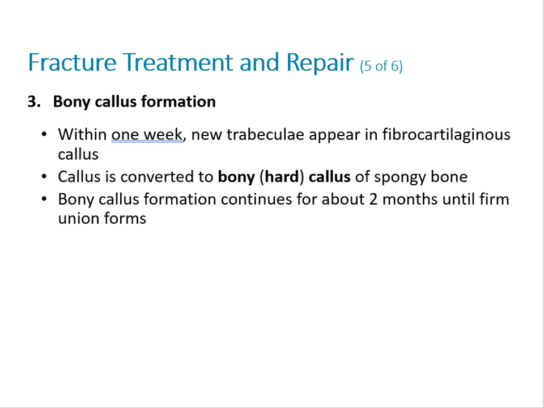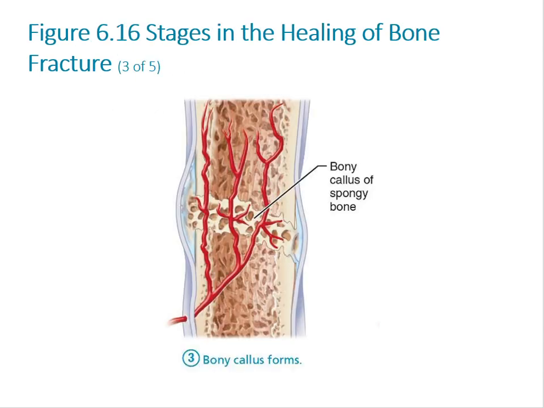New trabeculae appear in the soft callus, and it is converted from a soft callus to a bony hard callus of new spongy bone. The bony callus formation continues for about 2 months until it's firm and a union is formed between the two bone ends.